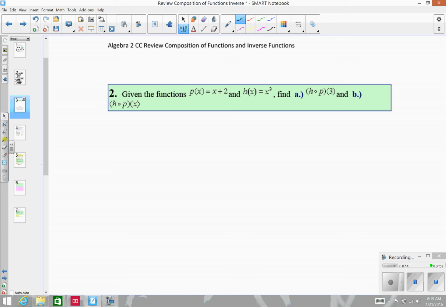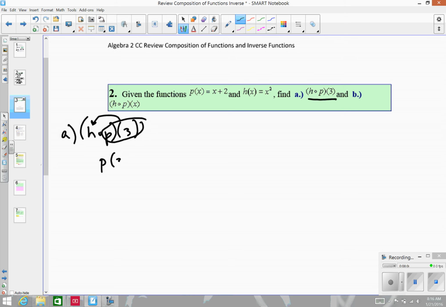We want to find, first of all, h of p of 3 this time. So I'm finding h of p of 3. Since I don't have a function for h of p of x, I'm going to go ahead and first find p of 3. When I find that, I'm going to put that in to my h function.